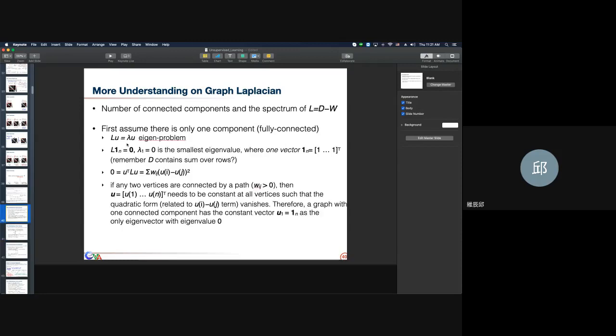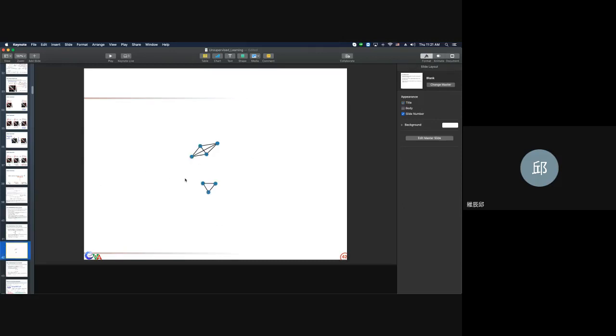Now if we assume there is only one connected component, that means your graph is fully connected. This is the case where your similarity graph only has one connected component, and all the elements are connected to each other.